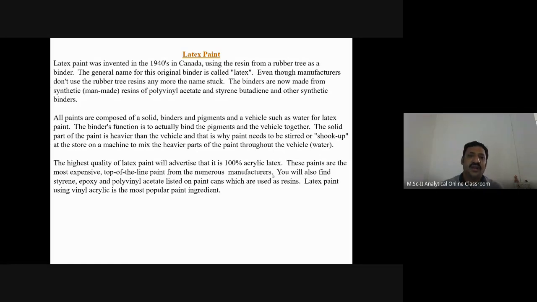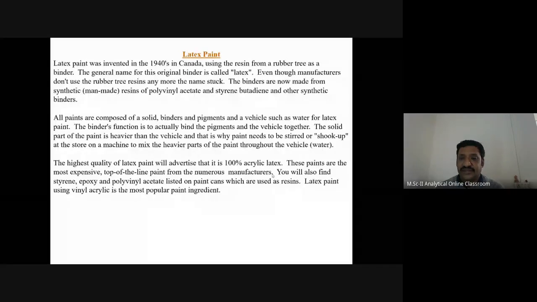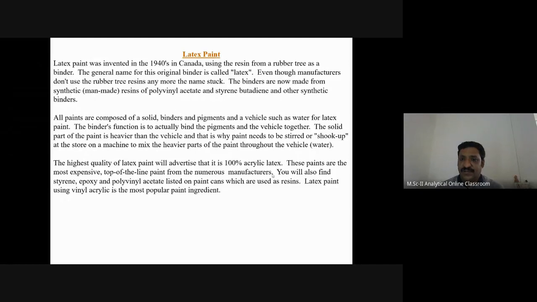Okay, so the highest quality of latex paint will be advertised as 100% acrylic latex. So the highest quality of latex paint is what? Acrylic. These paints are the most expensive, top-of-the-line paints from numerous manufacturers. You will also find styrene, epoxy, polyvinyl acetate listed on paint cans, which are used as resin.